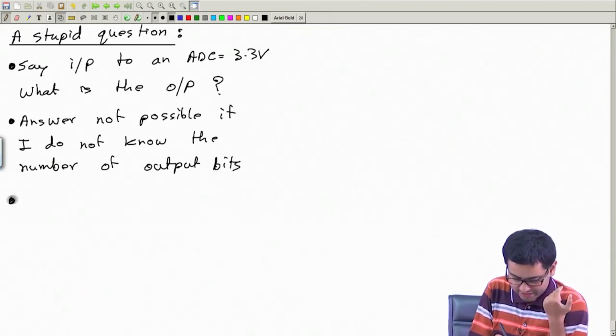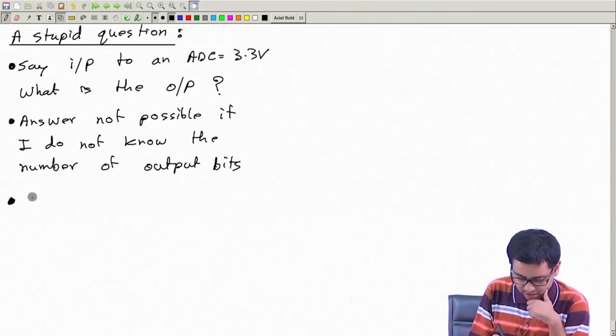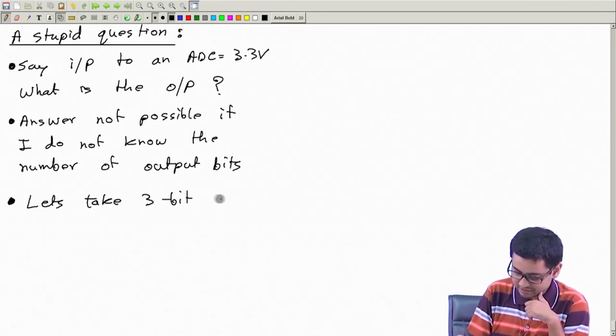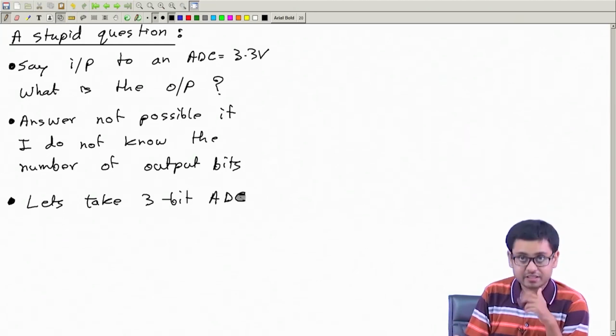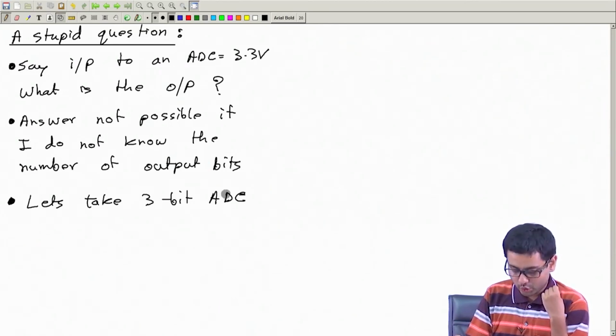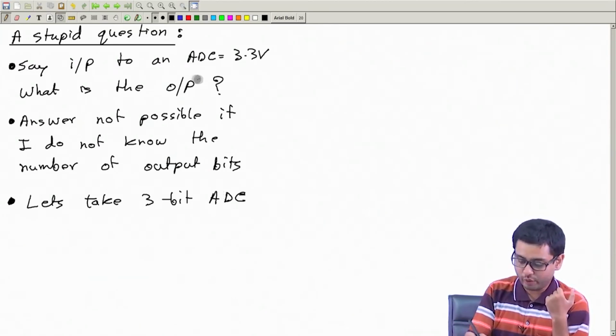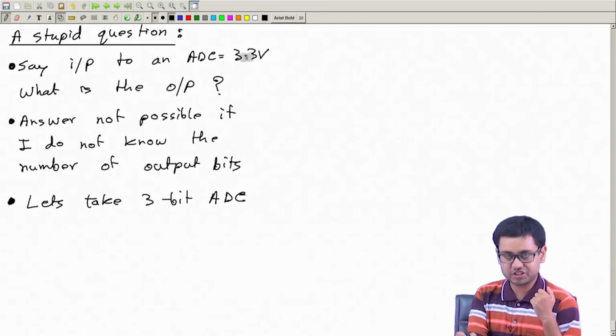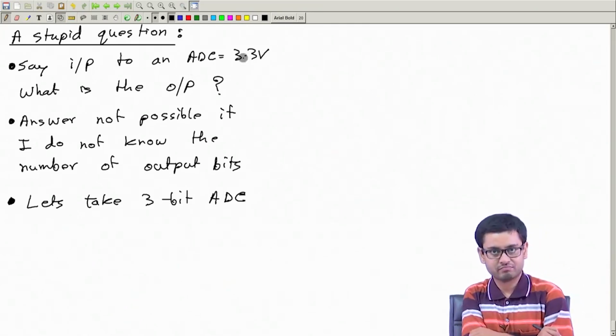Okay, say now I say, okay, fine, let's take a 3-bit ADC, which means the number of output bits, number of output lines are 3. So, can I now say what is the output if the input is 3.3 volt? Can I ask this question?